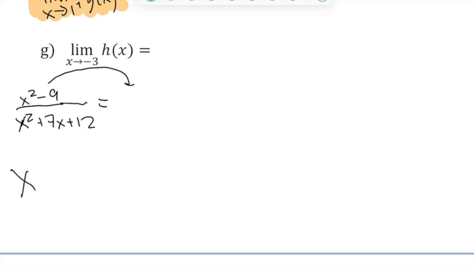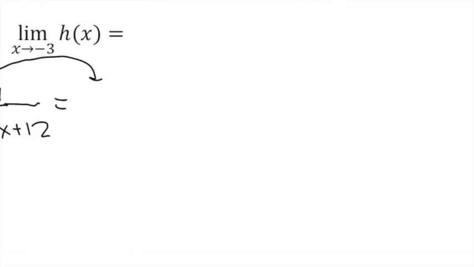Again, if you do x squared minus 9, what multiplies to negative 9 and adds to 0, because remember, there's no x term? We're going to get that this is 3 and negative 3. So this factors to x plus 3, x minus 3.